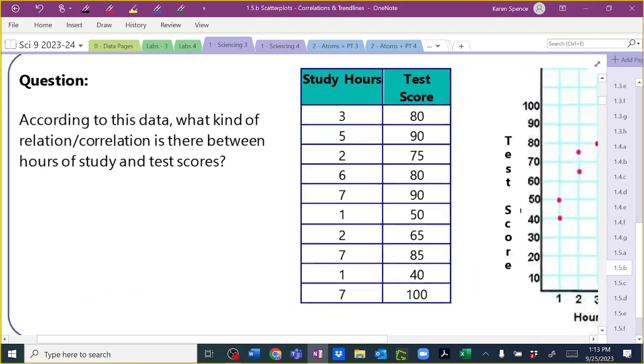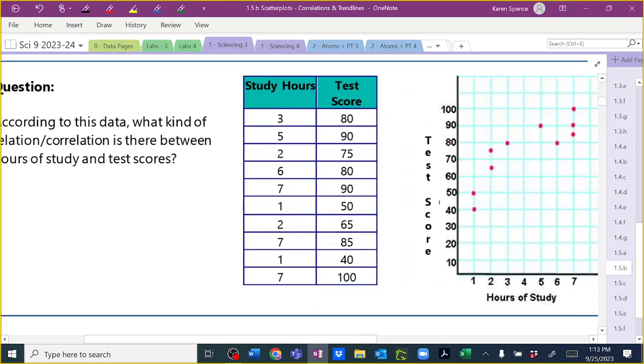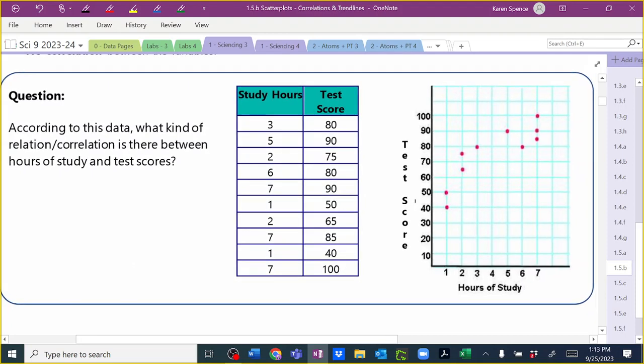According to this data, so now we're in the little box at the bottom of the page. What kind of relation or correlation is there between the hours of study and the test scores?